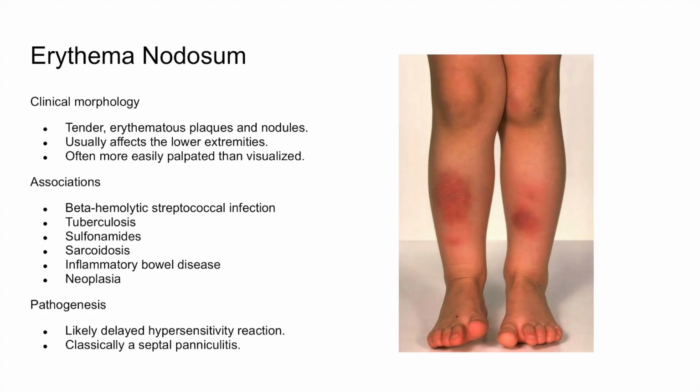Histologically, inflammation is concentrated in the septa between the fat lobules, and a true vasculitis is usually absent. When erythema nodosum appears, the important clinical step is to identify the underlying infection, inflammatory disorder, medication, or other trigger rather than treating it as an isolated skin disease.